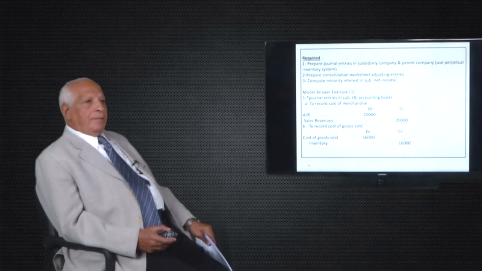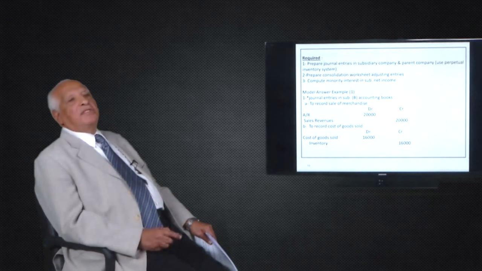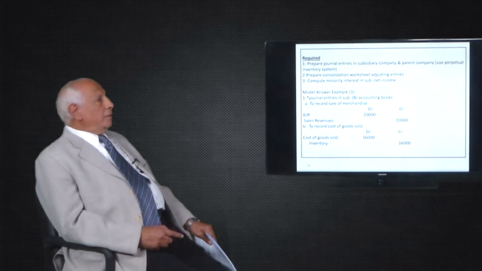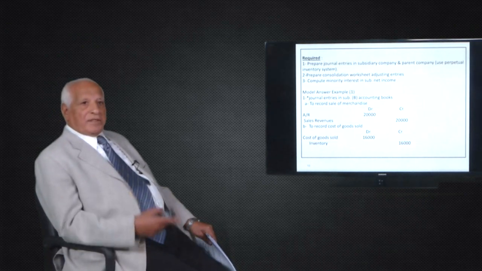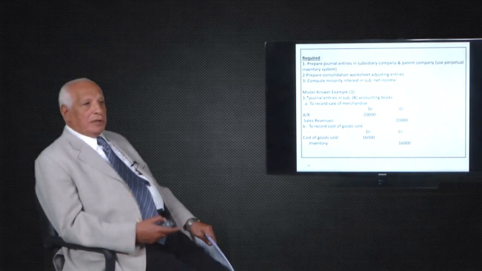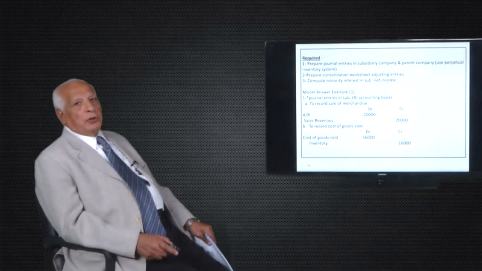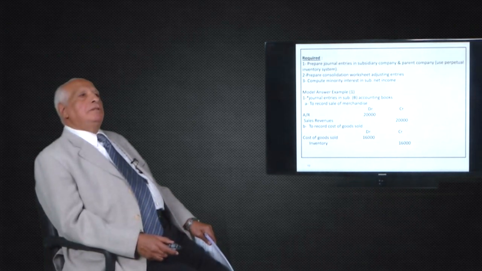Under the periodic inventory system, they determine cost of goods sold and ending inventory at the end of the year. Under the perpetual inventory system, it's continuous, every minute, every second, by computer, they can find out how much the cost of goods sold and how much ending inventory. That's number one. You need to know the difference between periodic and perpetual inventory system.